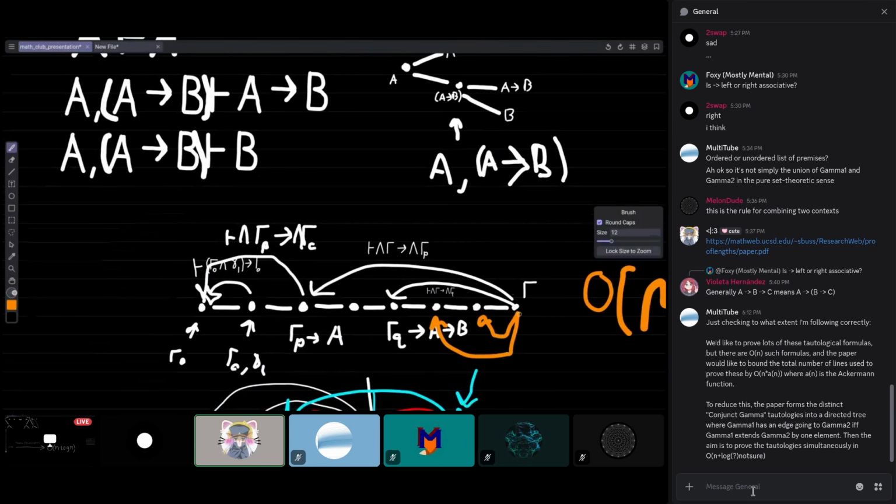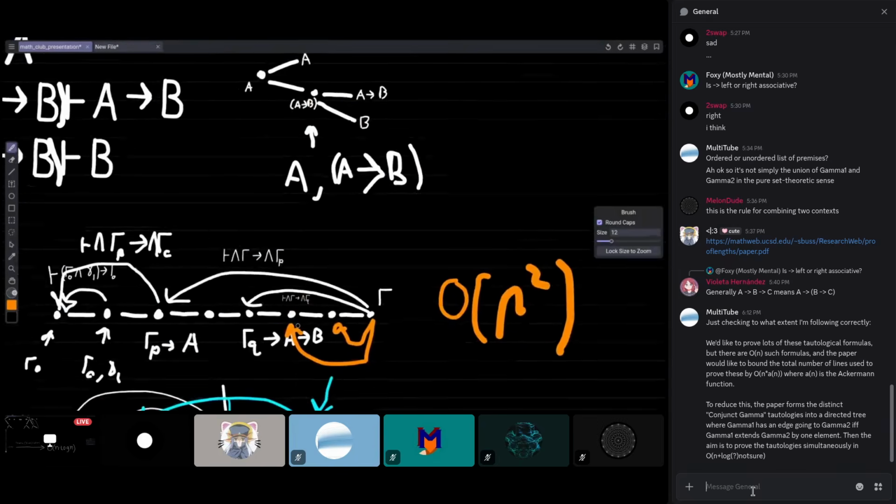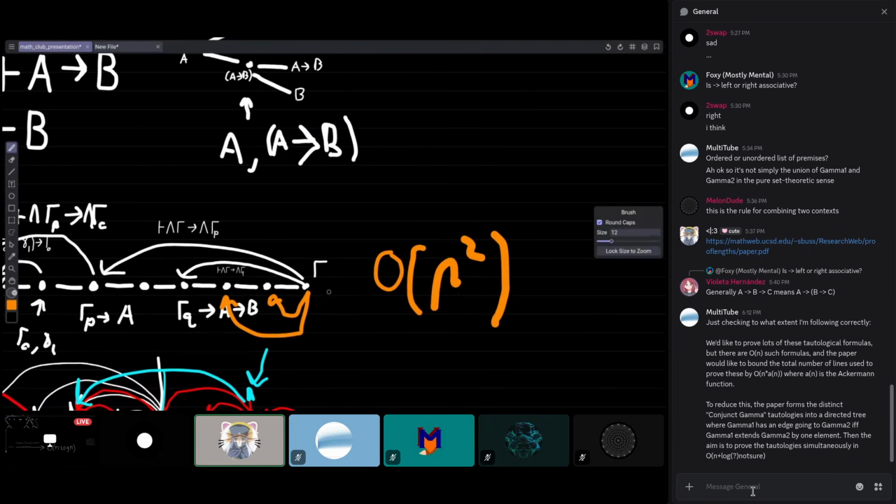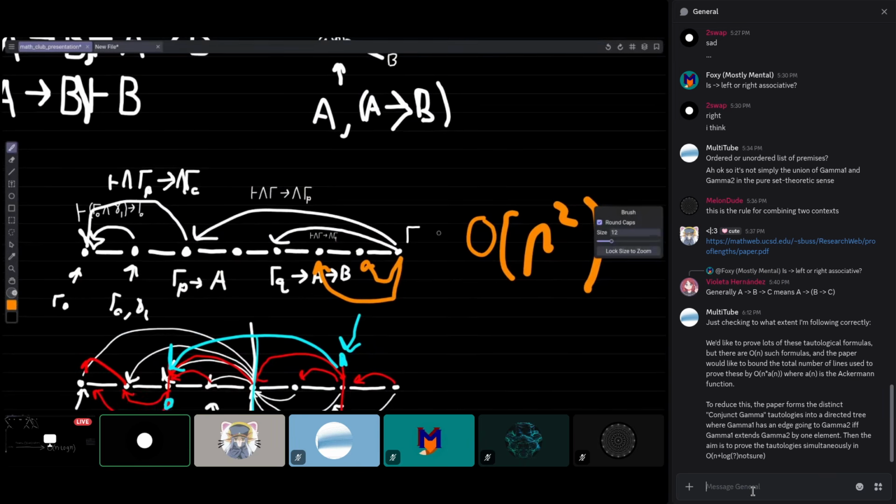So this is n times n minus 1, and then this would be n minus 1 times n minus 2, and so on, all the way down. So if you wanted every single edge, there are big O of n squared of them. I mean, with composition, we're still allowing for composition. Yeah. I'm going to try that by hand right now.